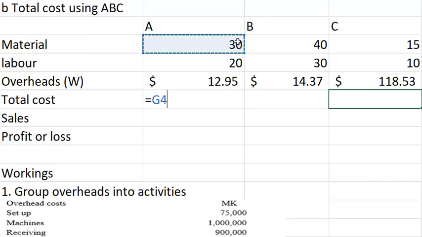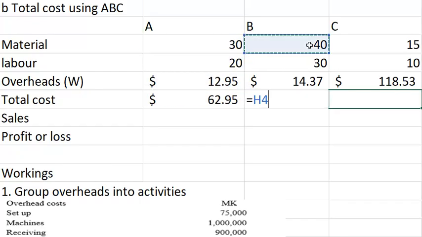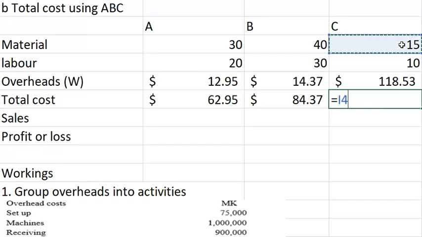I'm just praying that you guys are writing because anything can happen. Okay, that's the total. If you add those three, okay, so those are the total unit cost using ABC.